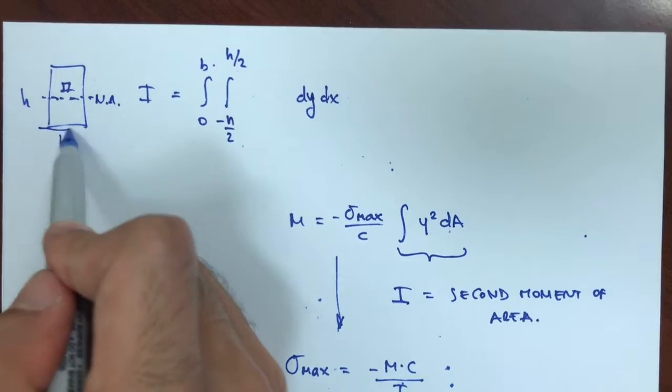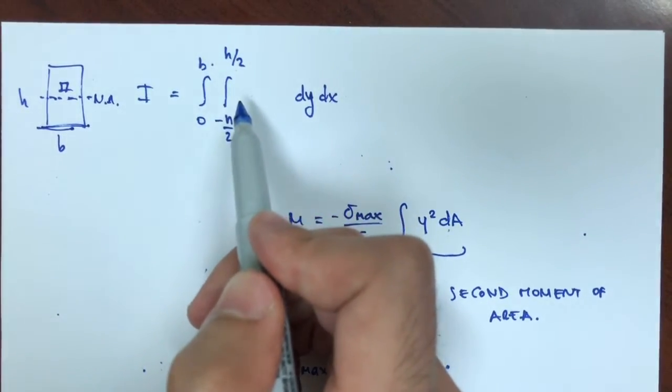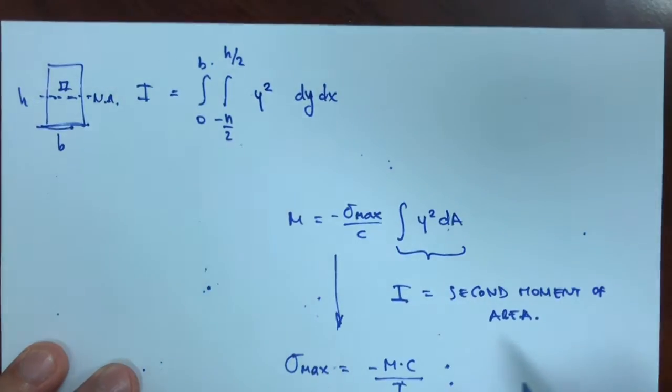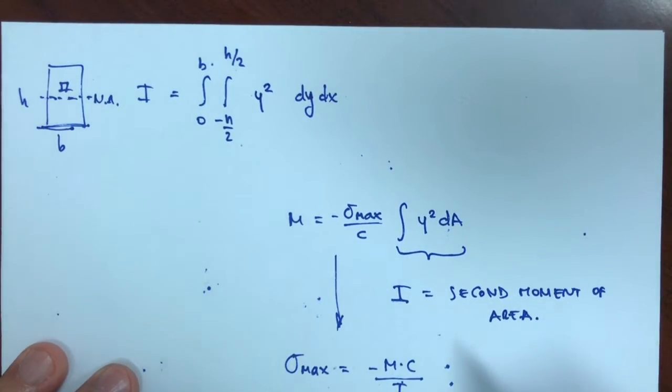Okay, if I'm doing it from the bottom, it would be from 0 to h over 2, but you can figure that out later. And so the second moment is just y squared dA.